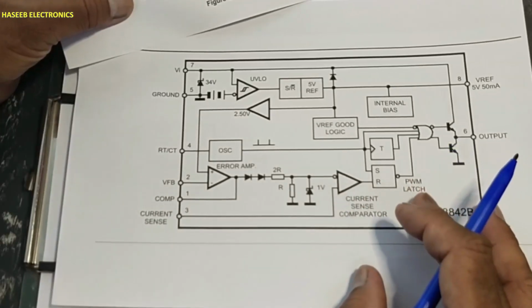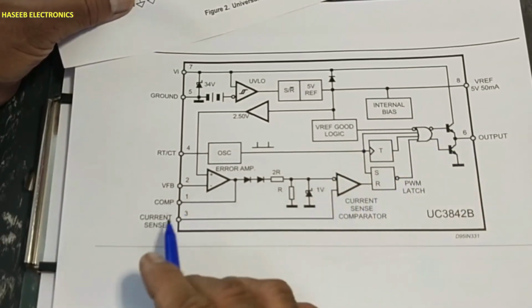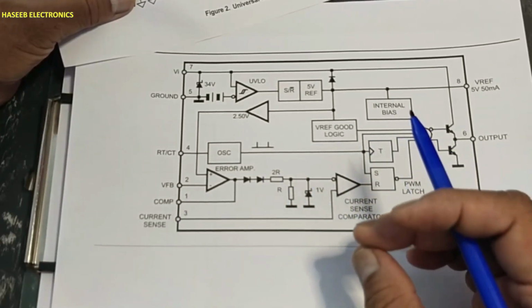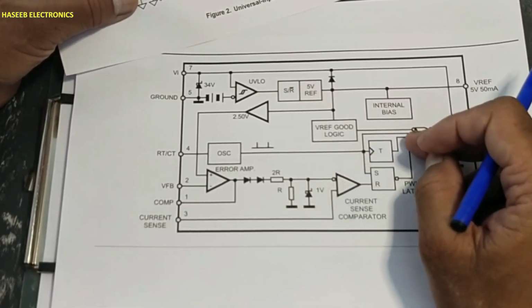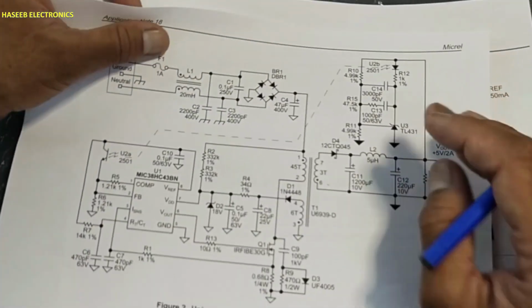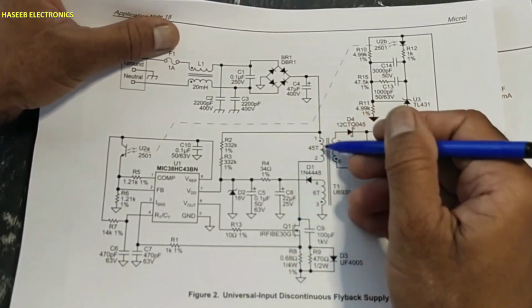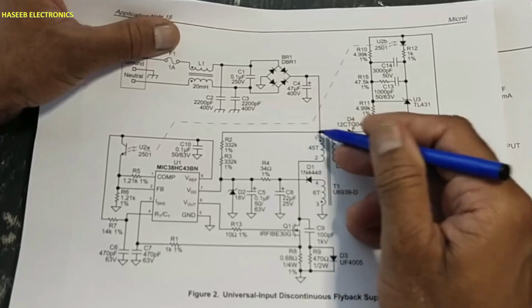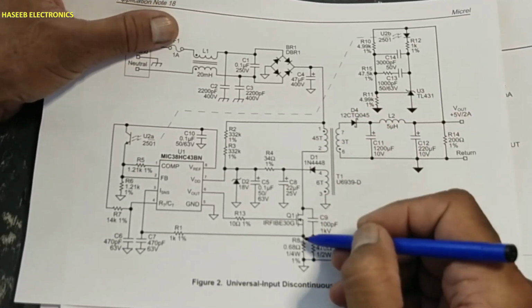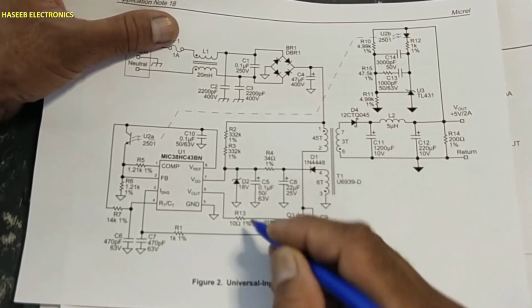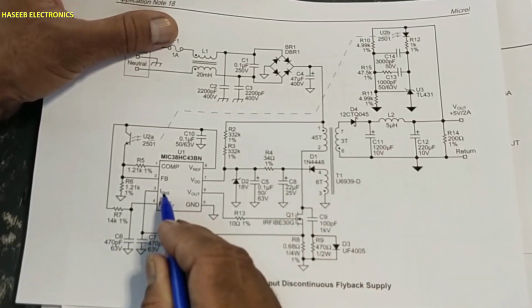If any time the current will increase more than a specified limit, that time it will turn off the output stage to protect the circuit. Let's suppose 1 ampere current is allowed in this circuit, in this primary winding. At 1 ampere, let's imagine that 1 volt will drop here. It will reach the I sense pin.